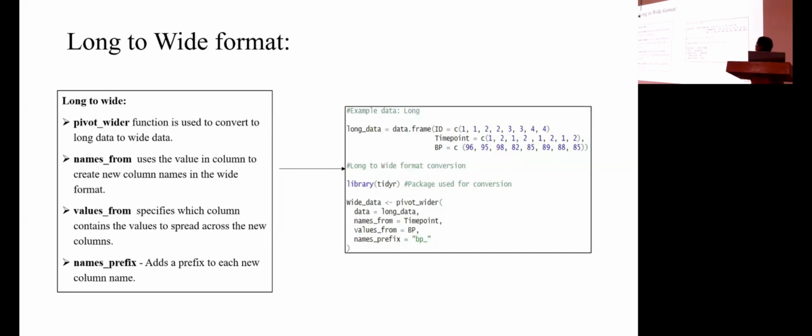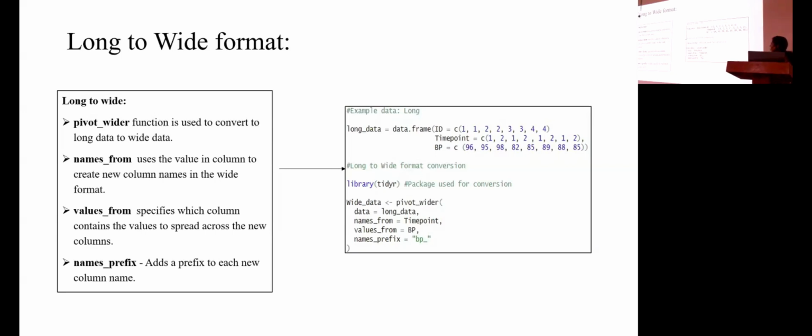ID 1, 1, 2, 2, 3, 3, so the repetition is there. Time point, what is the order we have given? The time point and the BP measurement. The same package, and the function is pivot_wider. What data are we going to use? Data equals long_data; you can give it, otherwise it is also fine.